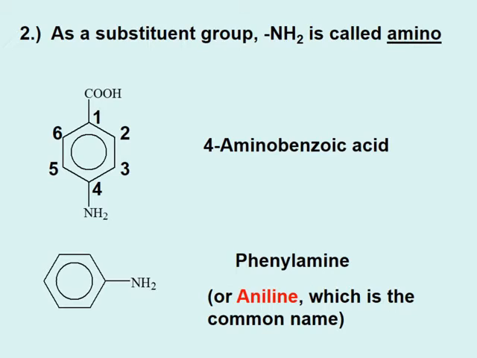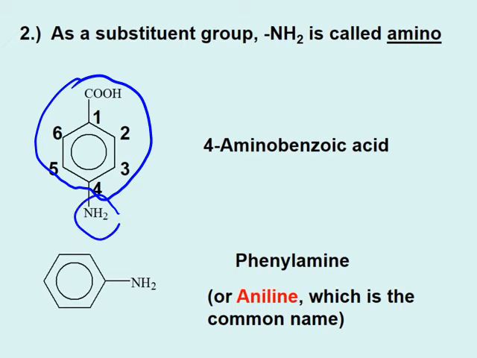Now this is a benzene ring with COOH attached to it and NH2 at the 4th position. NH2 makes it obviously amine, but this is how you name it. The part that I'm highlighting in blue is called benzoic acid.